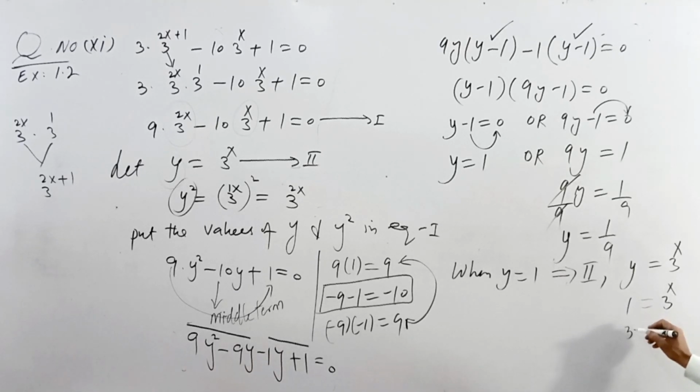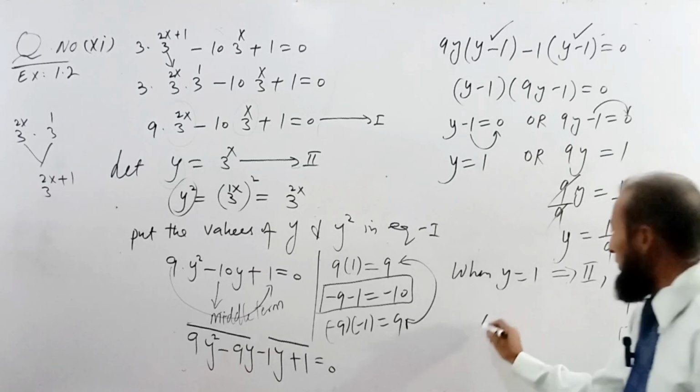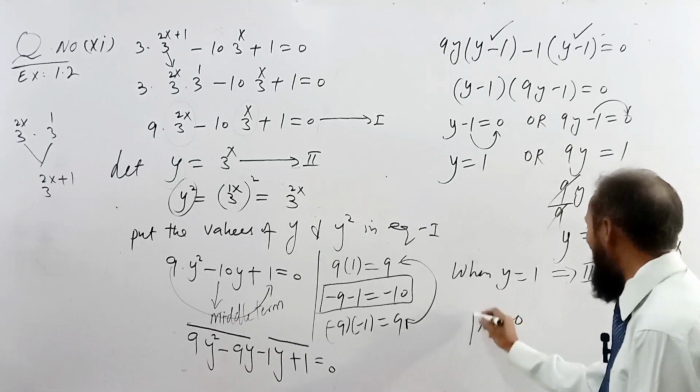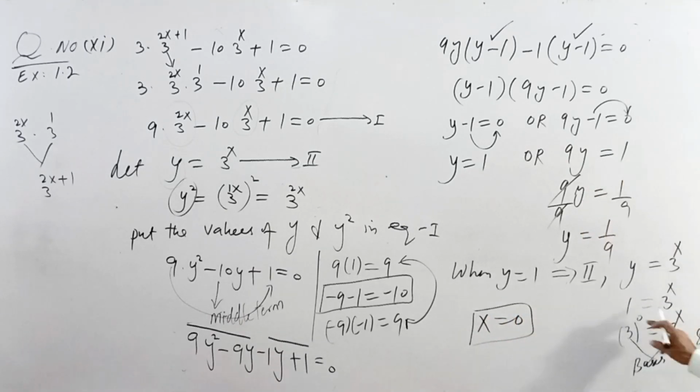Here we can write 3 power 0 is equal to 3 power x. Now the bases are same, so we take the power: x is equal to 0. We are comparing the exponents or powers.